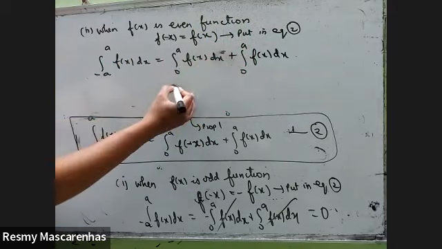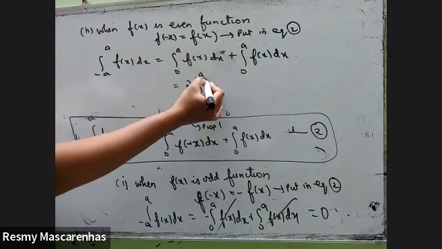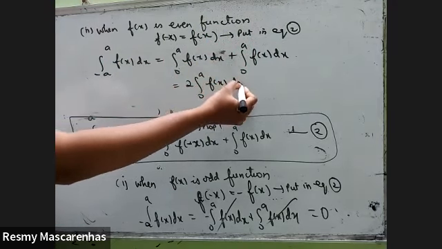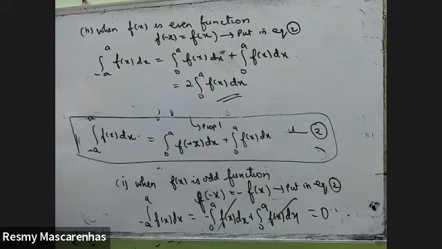It's the same thing, so it will get added and become 2 times. So you have proved it. So when f of x is an odd function, you get 0. And when f of x is an even function, then you get 2 times the integral.